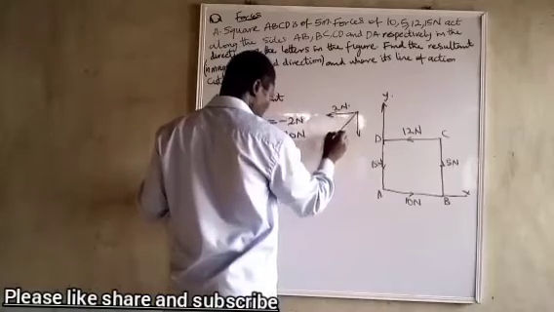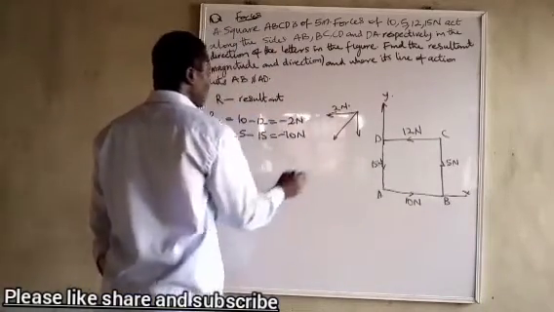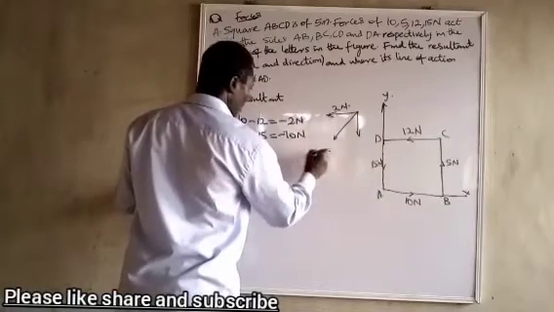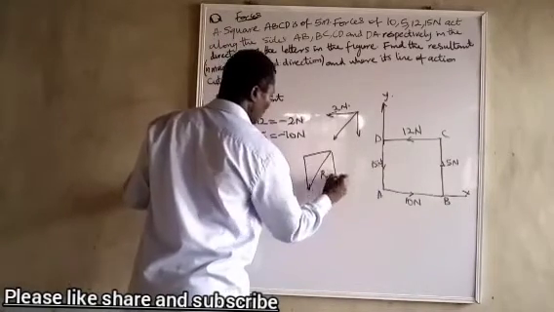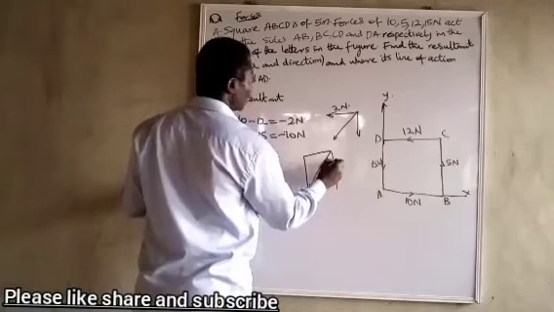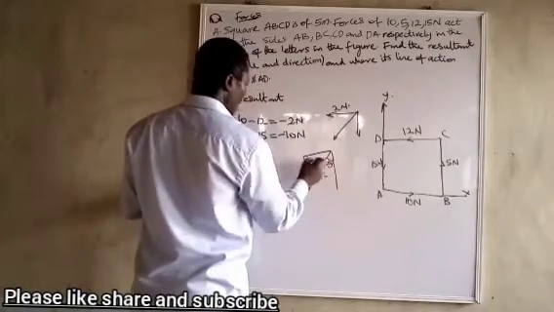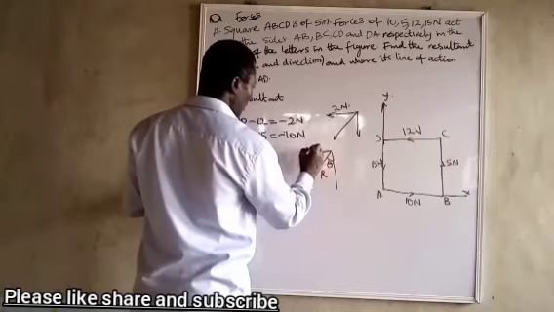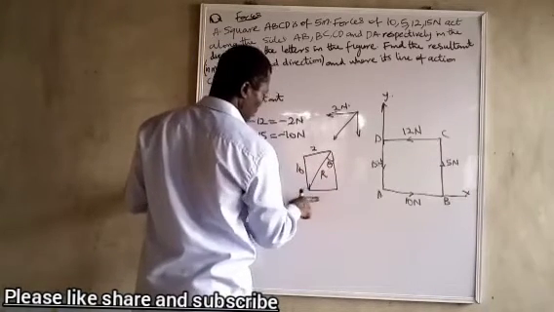Therefore, our R is in this direction. So we have something like this. This is our R, and this is the direction to the vertical. This is the inclination. So we can find this place. This is 2 and this is 10.